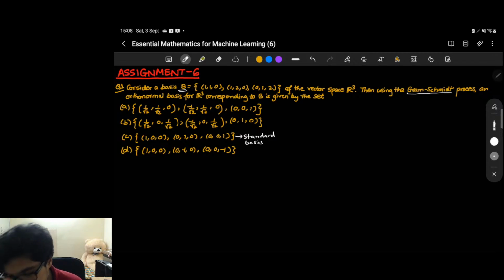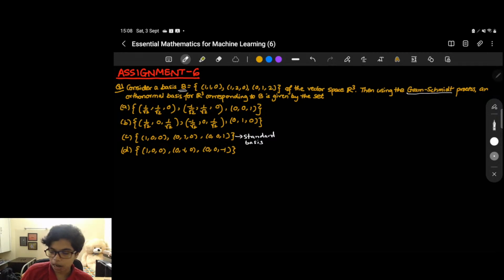It is indeed orthogonal and an orthonormal basis. But this is not the basis that we obtained from the Gram-Schmidt process from the given set of vectors. So even though this is the standard basis and it is orthonormal, this is not the correct answer. We need to find out an orthonormal basis starting from what is given to us by using the Gram-Schmidt process.